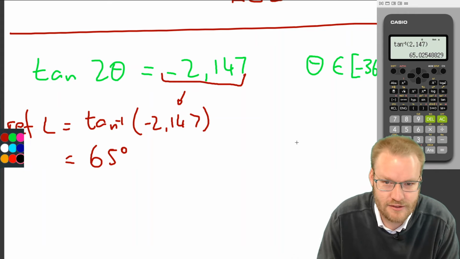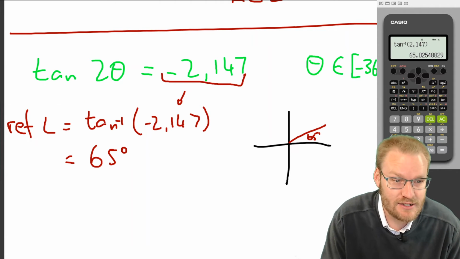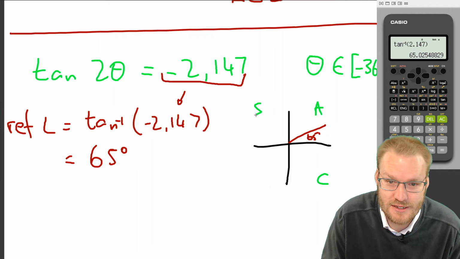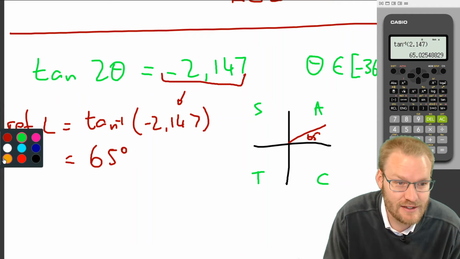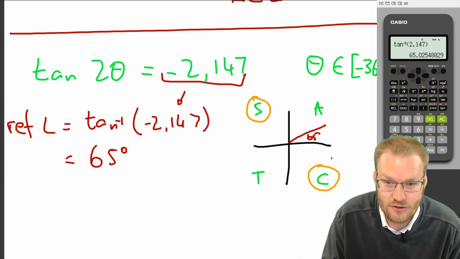CAST diagram to the rescue, and we've got 65 over here, but tan theta is negative. I've got in the habit of doing this in green, so I'm just sticking on the CAST diagram now. Where tan is negative, that's quadrant 2 and quadrant 4.